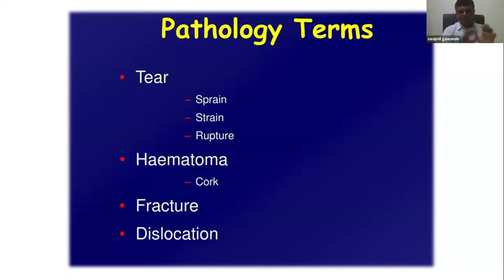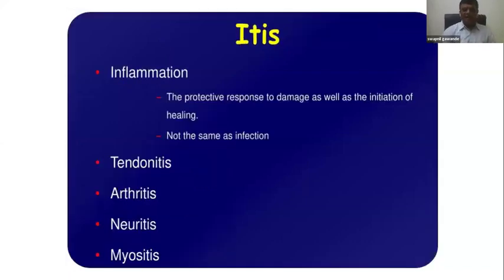I know that you are well versed with all this, but still I am revising it. Then itis, as you know, means inflammation, the protective response to the damage as well as the initiation of the healing. It plays a dual role: it is a protective mechanism of our body, and it also initiates the healing, and it is not the same as infection.